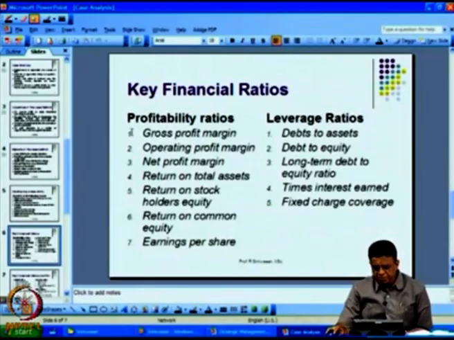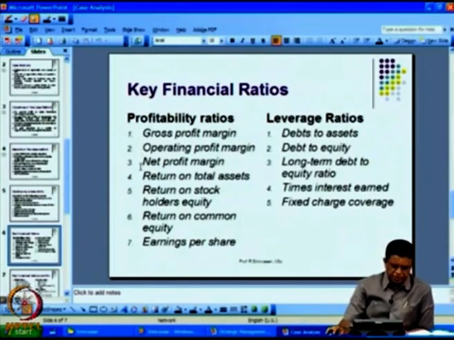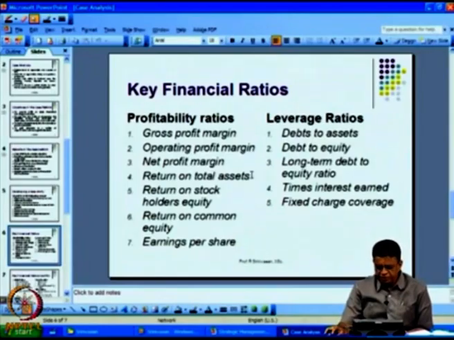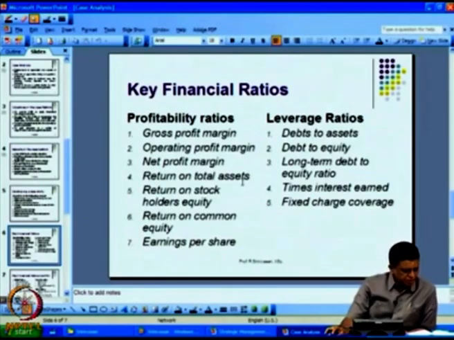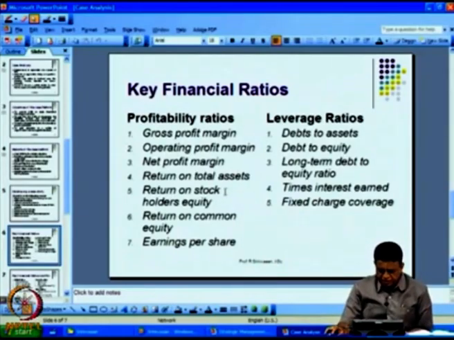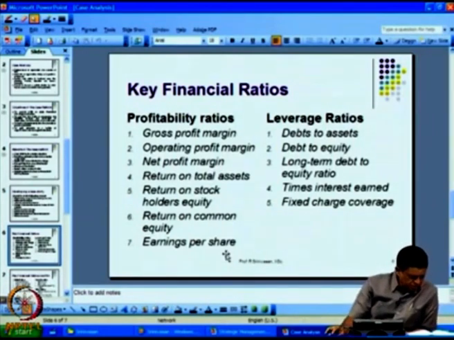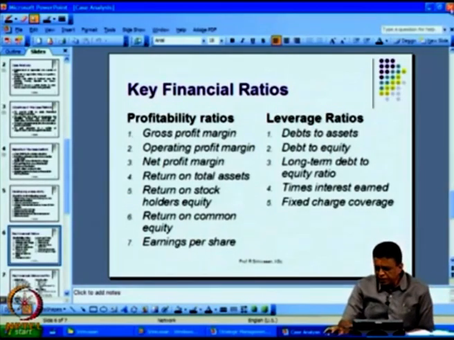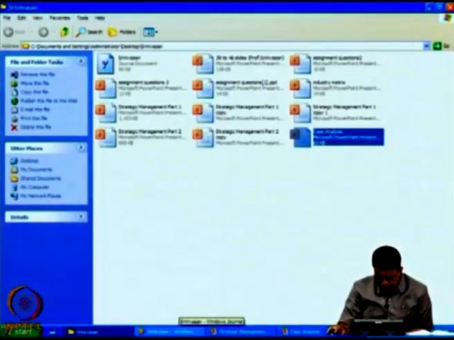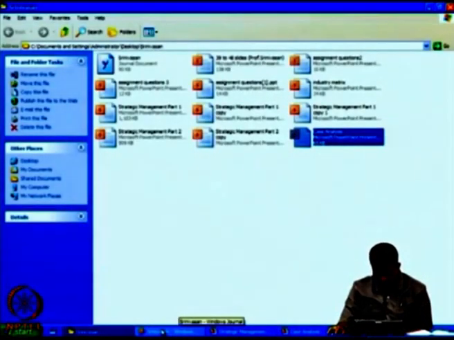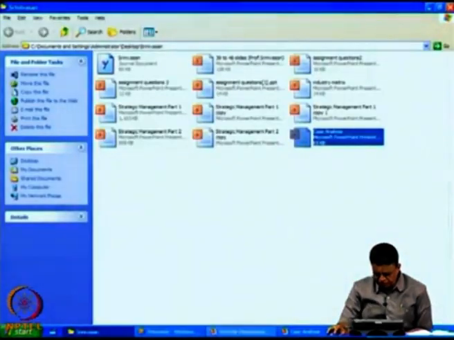So, when we look at profitability ratios, we look at gross profit margin, then the operating profit margin, then the net profit margin, then the return on total assets, then the return on stockholders equity, then the return on common equity, then the earnings per share. All this we are going to discuss in greater detail.